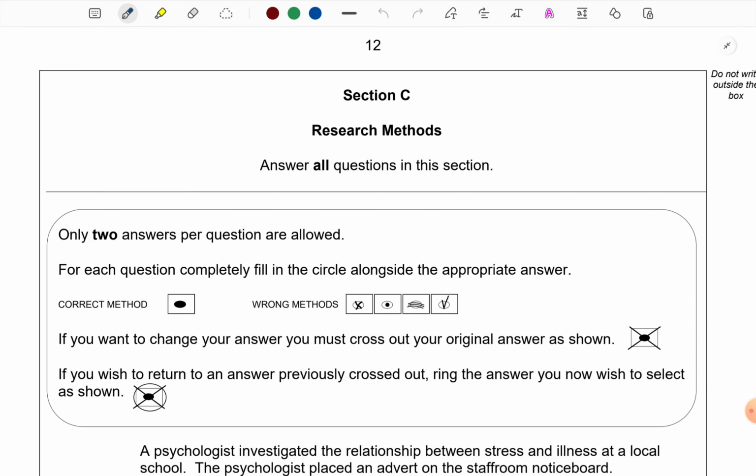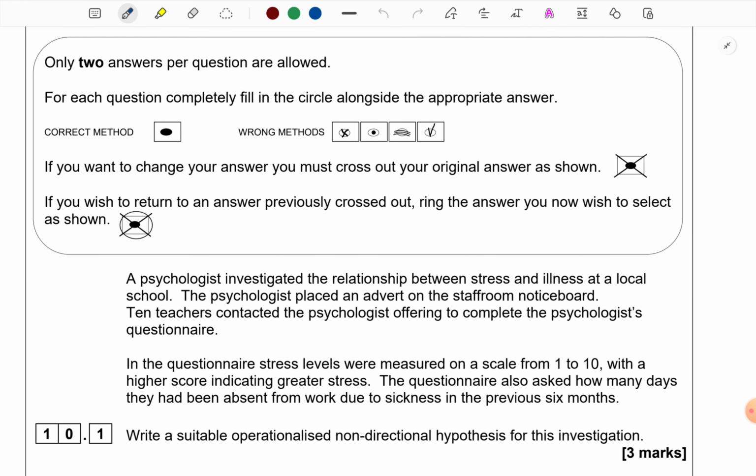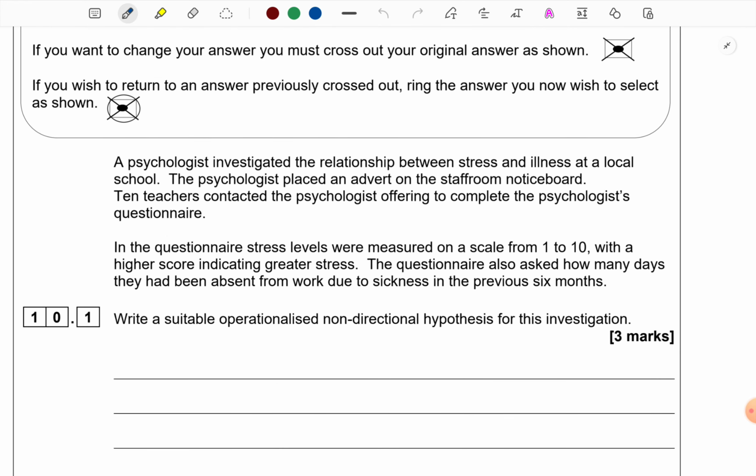Okay, let us begin. Here in section C, we have a scenario given to us. First, I'll just read out the scenario. A psychologist investigated the relationship between stress and illness at a local school. The psychologist placed an advert on the staff room notice board. 10 teachers contacted the psychologist offering to complete the psychologist's questionnaire.